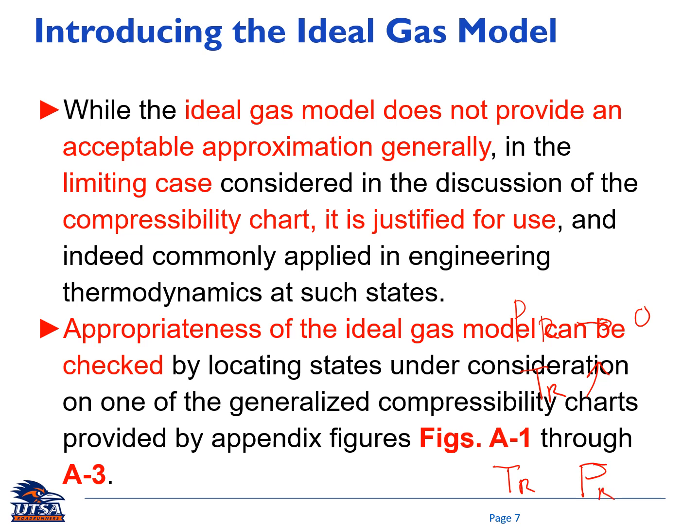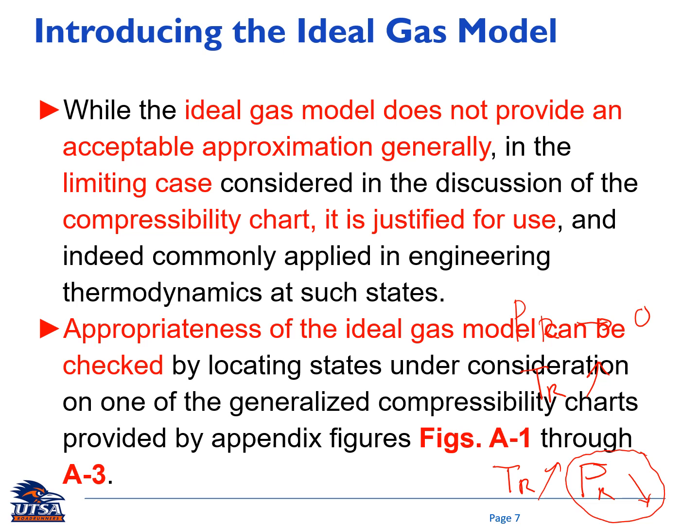Once you have these two parameters, you can go to the compressibility chart and check what is Z. If PR gets lower and at the same time TR gets higher, or even if only PR gets lower, approaching 0, then your Z will be close to 1.